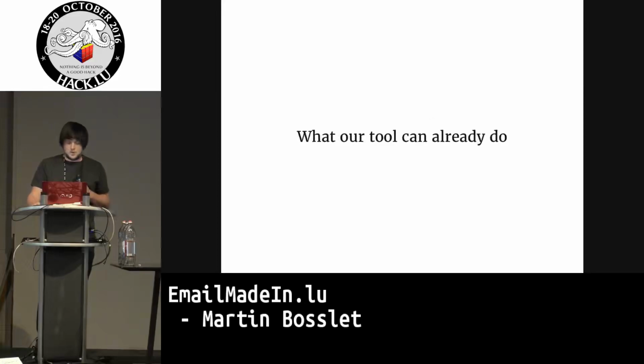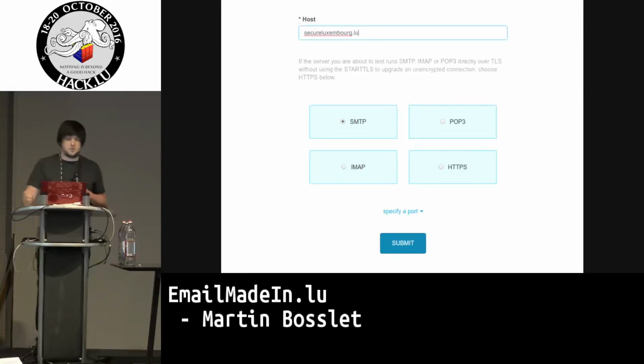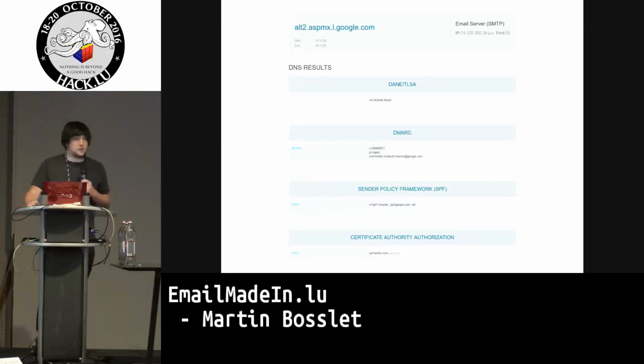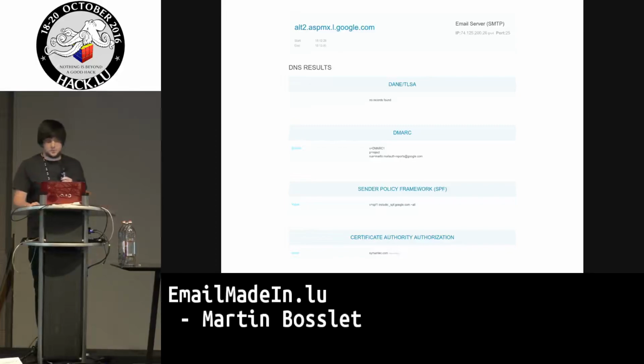Let's have a quick look at the tool. It's a simple interface, much like SSL Labs. You enter a host name, you specify the protocol that you want to test, and if you need something other than the default port, then you can also specify an additional port. And this is taken from the results page, so it's much like what you would expect. We have a section for DNS.